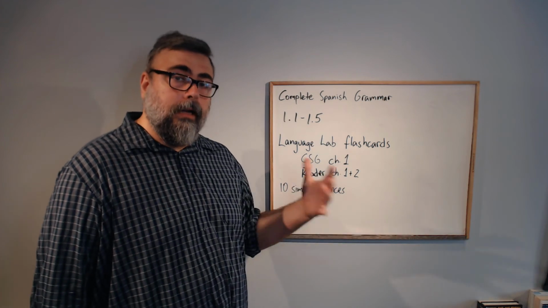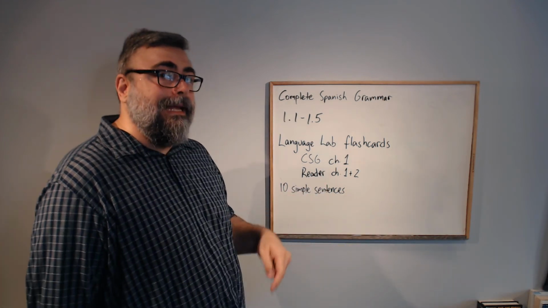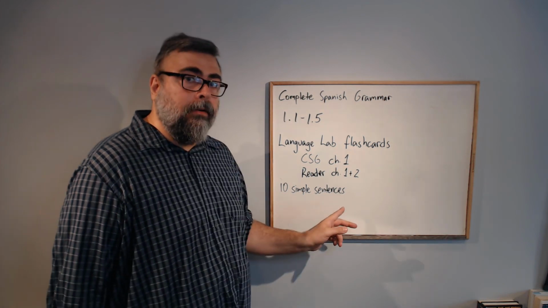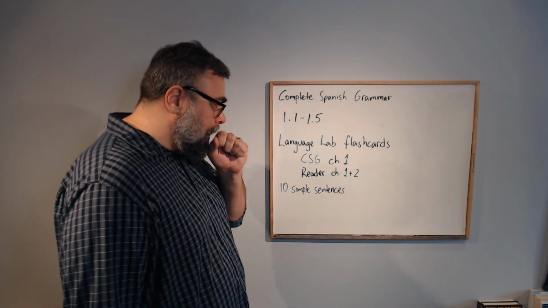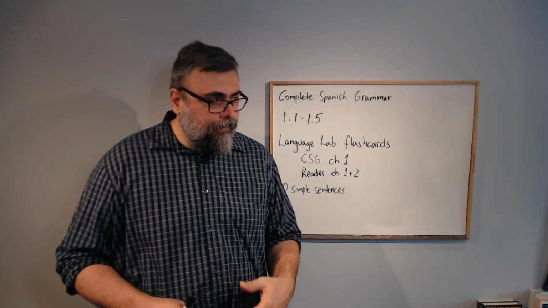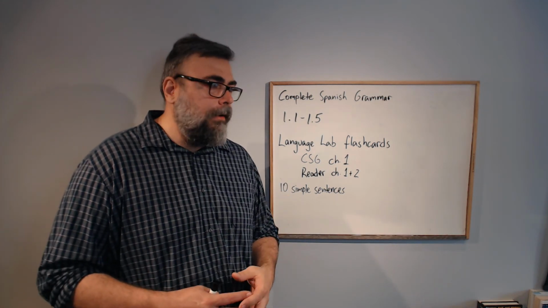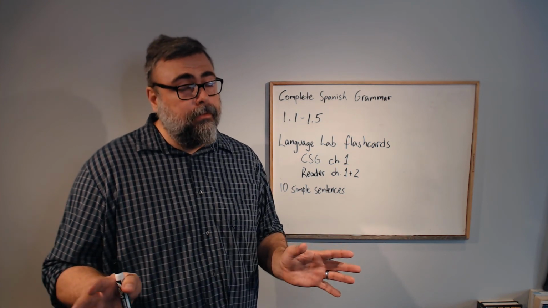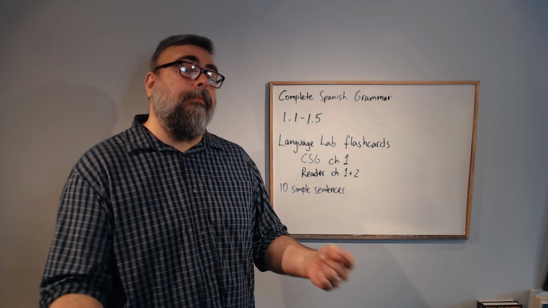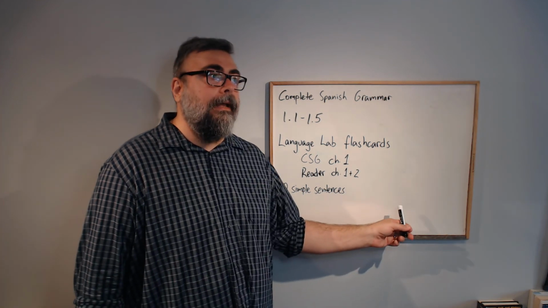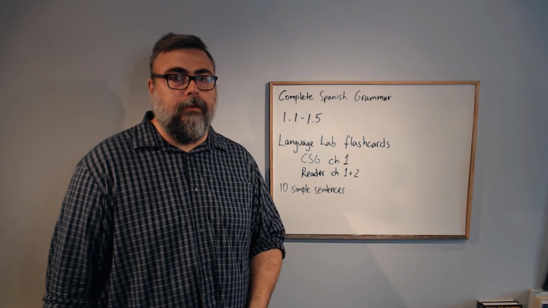I want you to work diligently on them and then use that knowledge to write 10 simple sentences. And when I say simple, I mean simple. If you're feeling saucy and you want to try something a little more complicated, you're welcome to. But be careful, because all I'm requiring is sentences like, I love books.